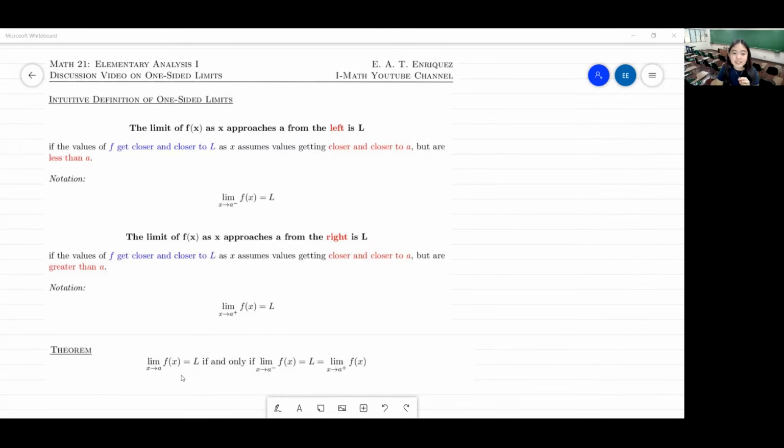This theorem is nice because it tells us that if the standard limit exists and equals L, its one-sided limits also exist and are equal to L. At the same time, because this is an if and only if, if the statement on the right is true, that is, the right-hand limit and the left-hand limit of f both exist and equal L, then the standard two-sided limit is also equal to L.